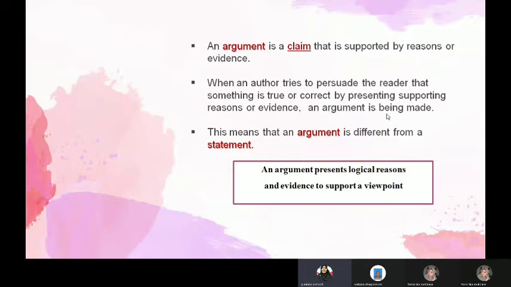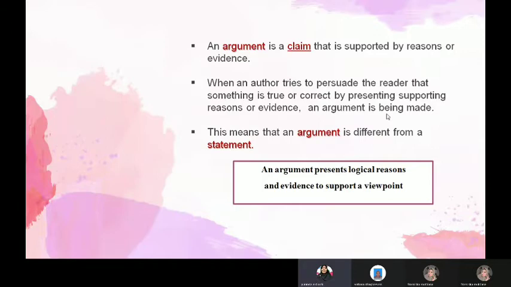The last point, this means that an argument is different from a statement. Remember this, an argument is reason, logical reason, and evidence to support a viewpoint.